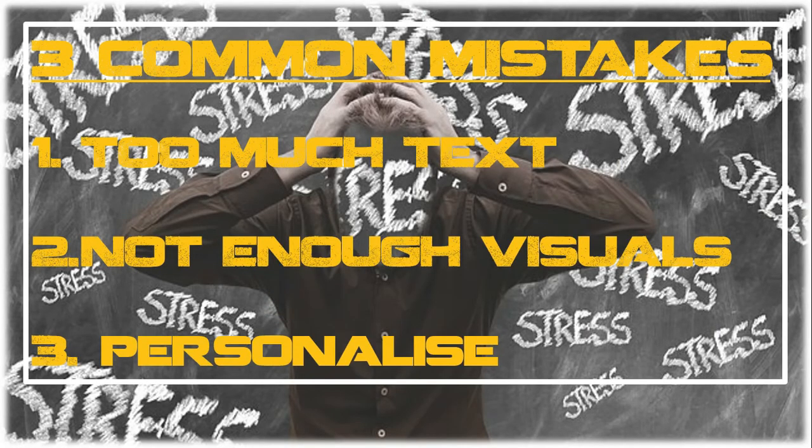Now I know some of you might be saying, well, I've already made my cue cards, how can I do this? If you've got too much text, I'm not saying rewrite them, but go back over your cue card and highlight the key terms. Those are the key terms that you're really going to focus on recalling. The second one, not enough visuals: it's quite easy to just get a pencil and put a little visual somewhere that's going to help you remember some of that information, or make a new cue card that connects with the one you've already made and has those visuals.